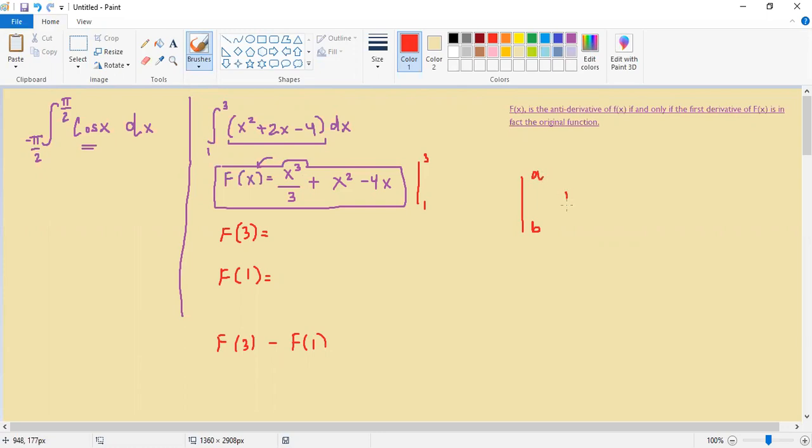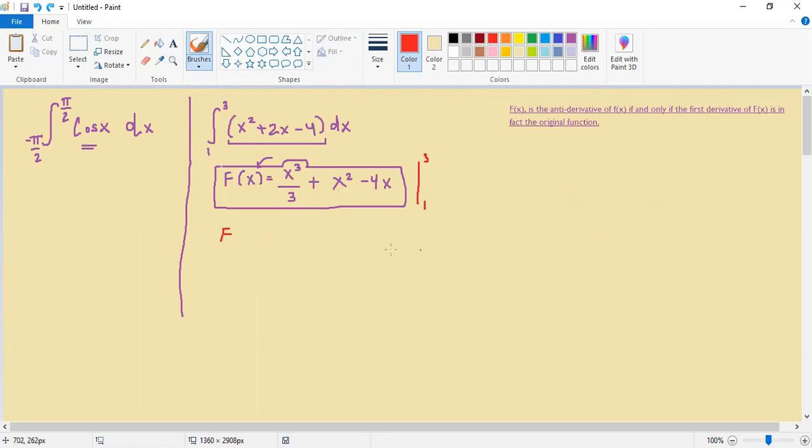You would plug in a as an input into the antiderivative you found, and subtract from this the same thing, but with b as an input. The answer of that would be the area under the curve. So that's the same line of logic that we're abiding by here.